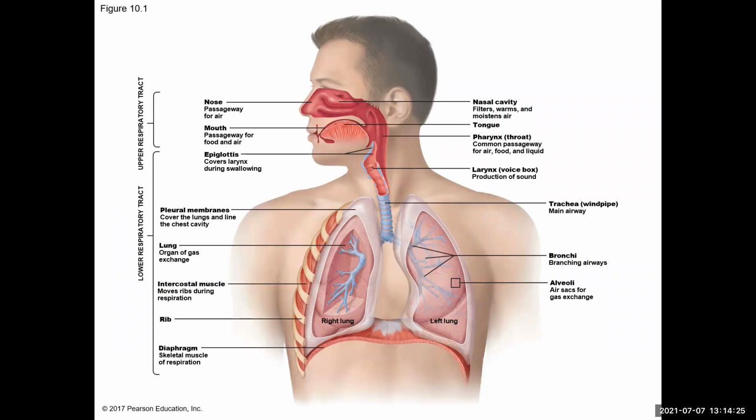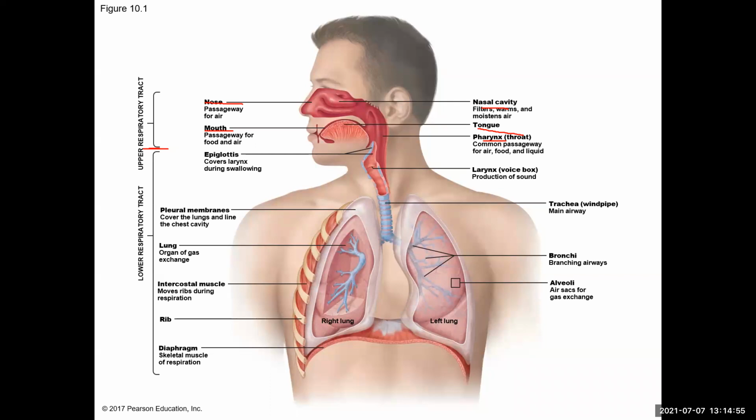So we've got our upper respiratory tract, which is the mouth, nose, nasal cavities, your tongue, and your pharynx, and then what's not shown in this image are the different sinus cavities. You'll want to be familiar with the locations of these because you'll see them again on your test and also your lab exams. The lower respiratory tract is basically from the epiglottis down.